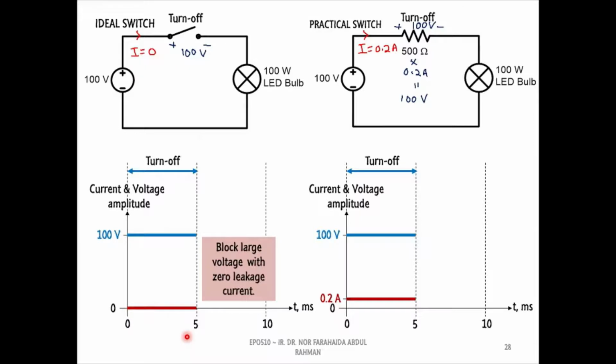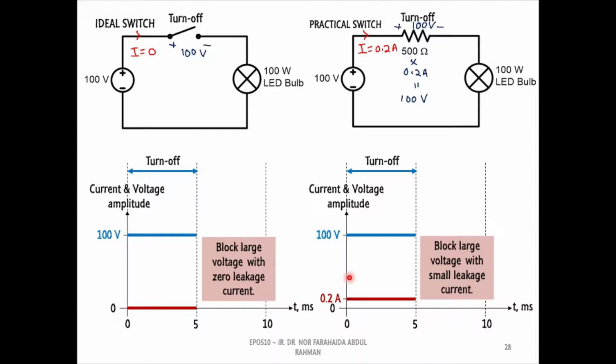Meanwhile, the practical switch will also block large voltage but with small leakage current. In summary, the primary function of the power switch during the off state is to block voltage supplied by the power source.